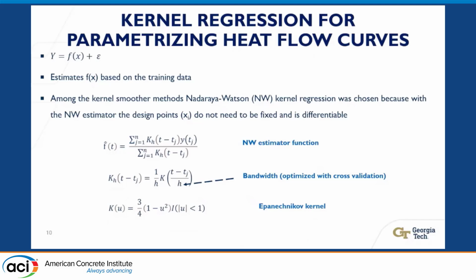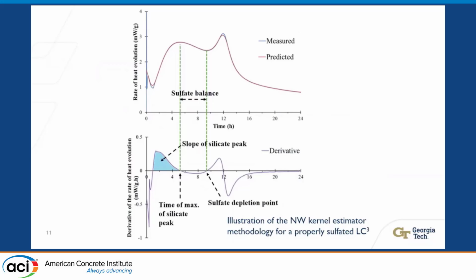I'm not going to go into a lot of details on the computational methods, but he basically needed to use a kernel regressor to smooth out the curves, because we're getting discrete data points, and he needs to be able to calculate derivatives continuously. Some of the details are in the paper that we published based on this work.